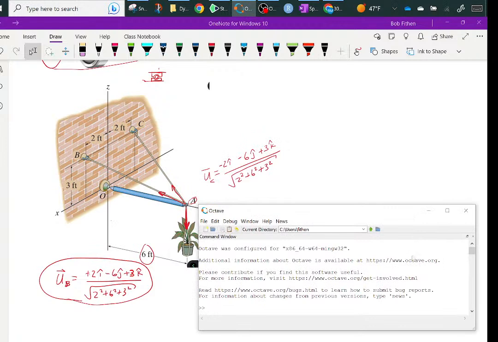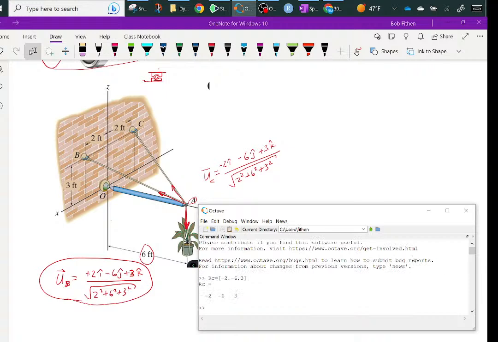Okay, so I don't know which one to do, so I'll say RC first. The RC is going to be -2. It's going to be -6. And it's going to be 3. And there's that vector. So unit vector C is going to be RC divided by the norm of RC.